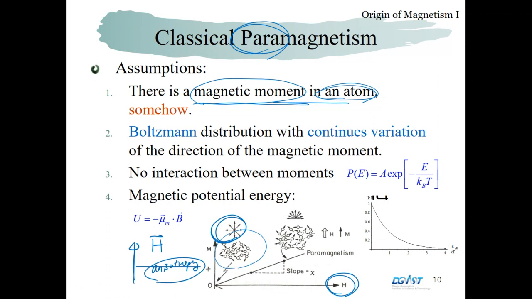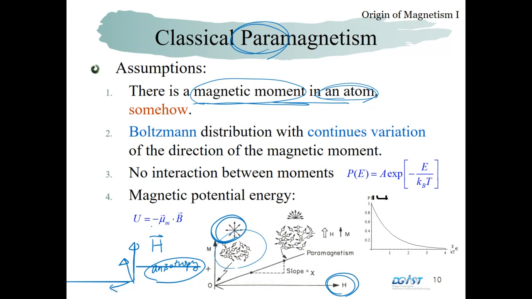We have some preferred direction, and when we have a spin in this direction and in another direction, they have a different energy. So in nature, the total energy must be minimized. That's the very basic rule.